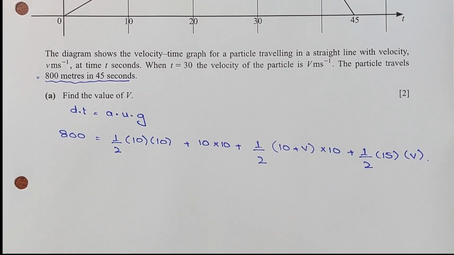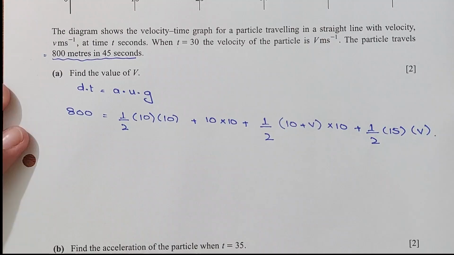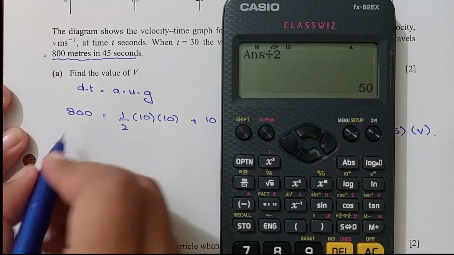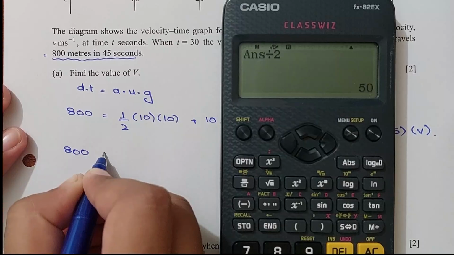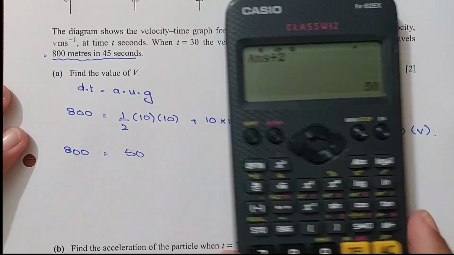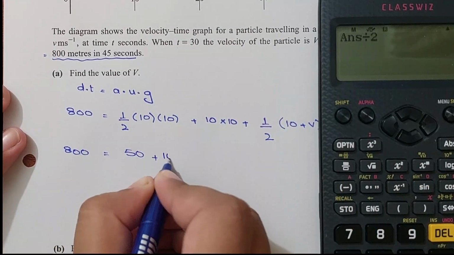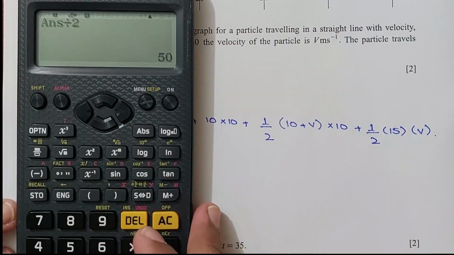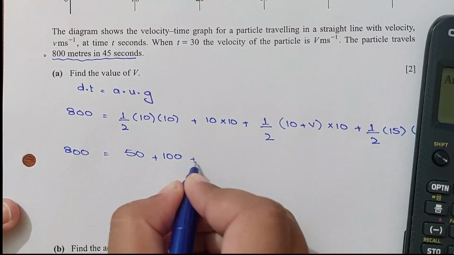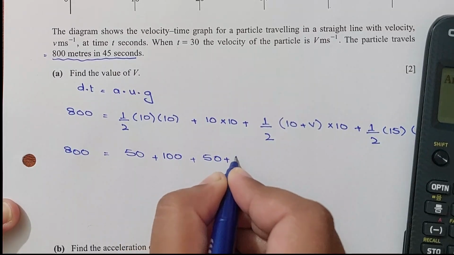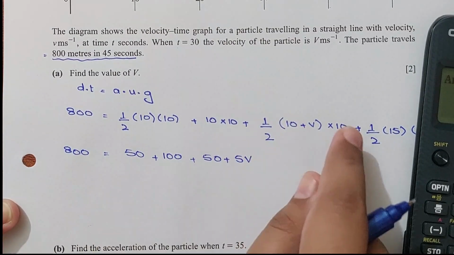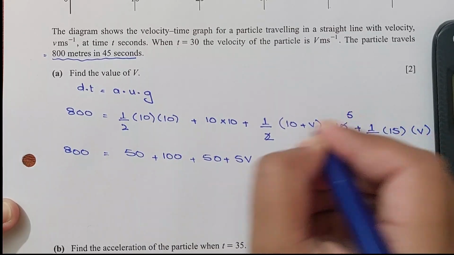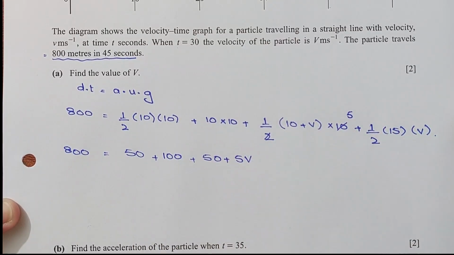Now let me solve for the v value. Okay, so 10 times 10 divided by 2 is 50. This is 800. 50. 10 times 10 is 100. And this would be 10 by 2 is 5. 5 times 10 is 50 plus 5v, right? So 5 times 10 is 50, 5 times v is 5v.